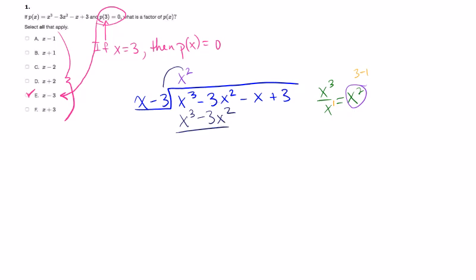Okay, so now what we want to do is subtract, just like regular long division. So I'm going to subtract here. So I'm basically going to make this a negative, and I'm going to change this to a positive. And so then these cancel out. And actually, these cancel out too. So then what's left is, this comes down, right?